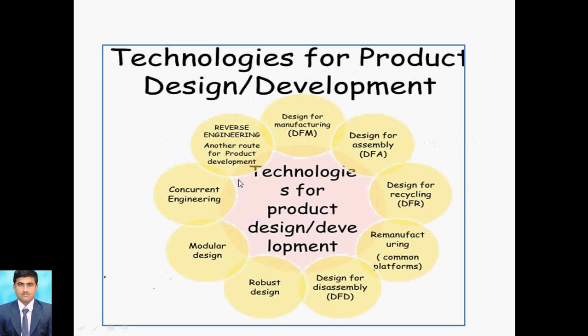Now next is an important term, that is technologies for product. First of all we look at reverse engineering. It is nothing but duplicating a product, or you can say the whole assembly. For that purpose we can study different parts, and then we can modify the existing product, and this is nothing but reverse engineering.